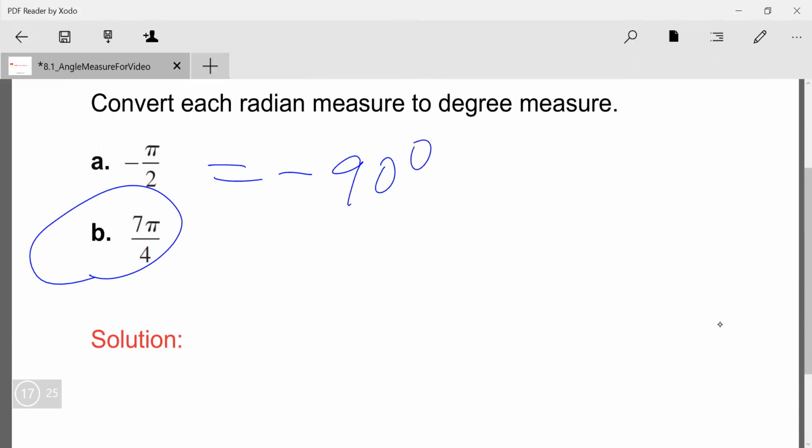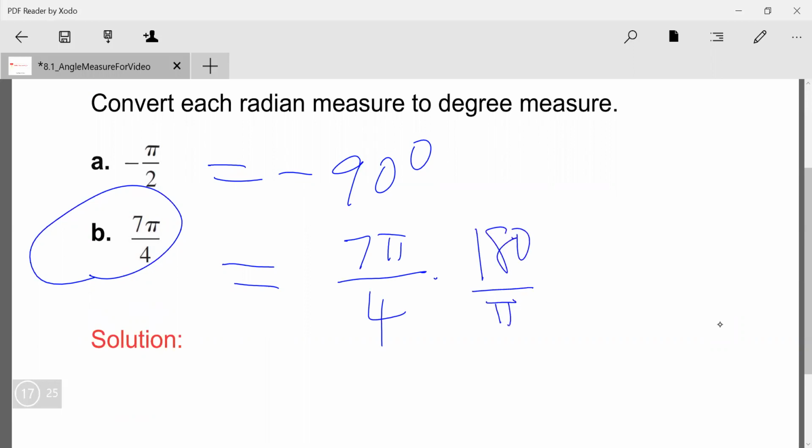And for this one here, I'm going to show the work. Remember, to convert an angle in radians to degrees, we need to multiply it by 180 over pi. That's the measure of 1 radian.